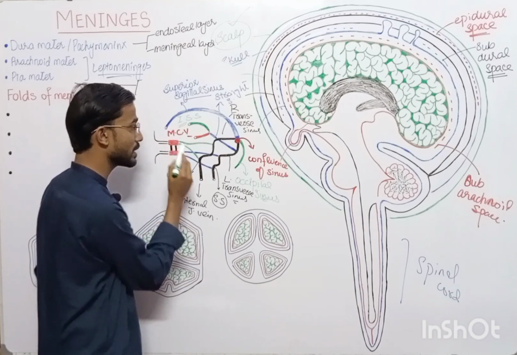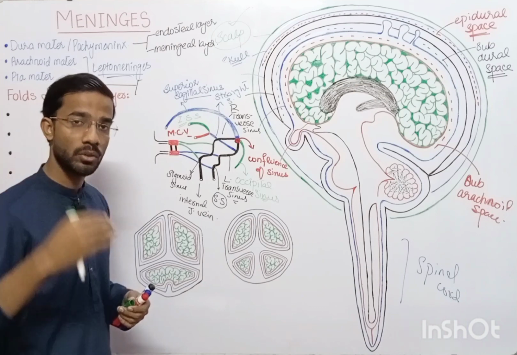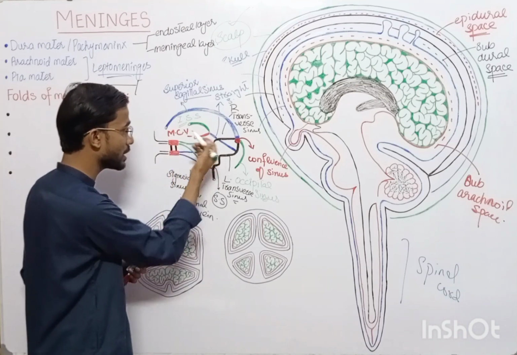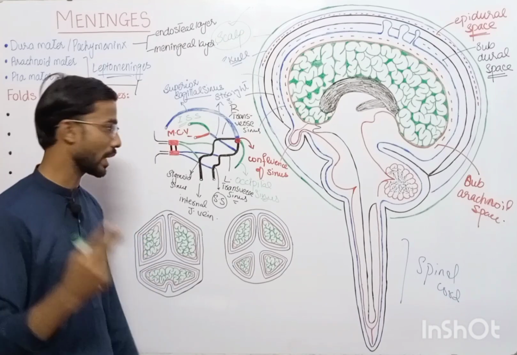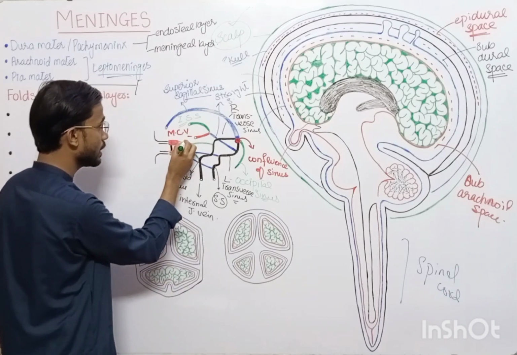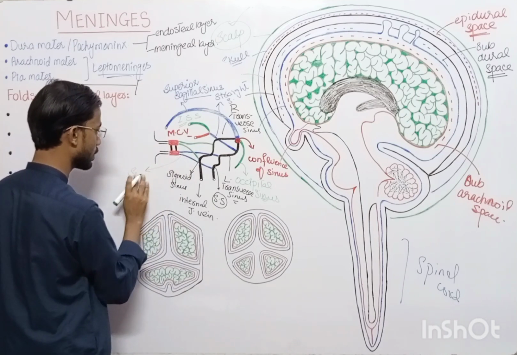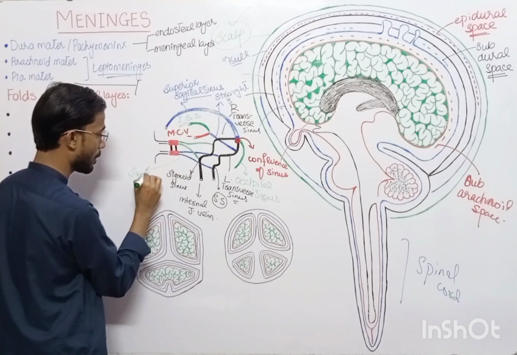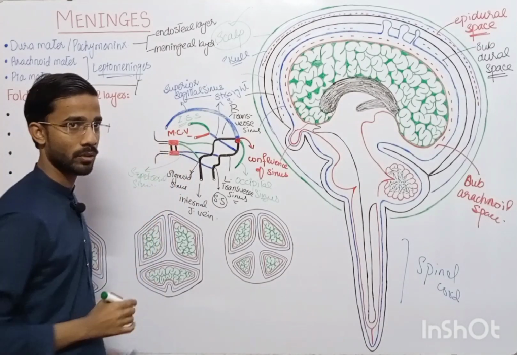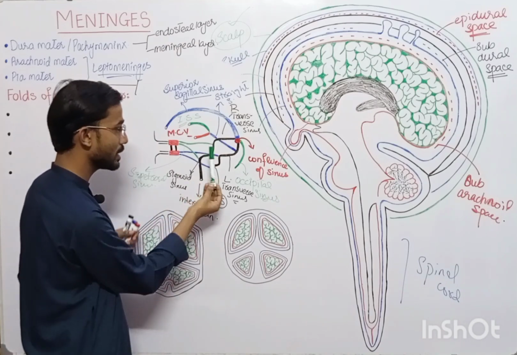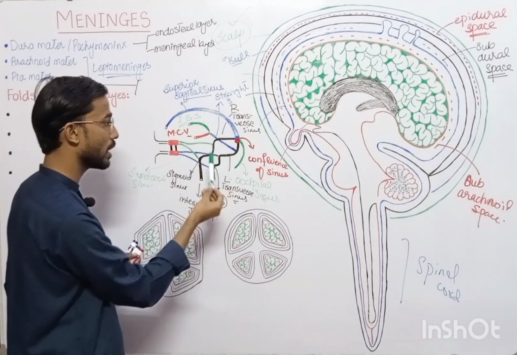If the sinus is above, it is called the superior petrosal sinus, and if it is present below, it is called the inferior petrosal sinus. Here there are two sinuses: upper is the superior petrosal sinus and below is the inferior petrosal sinus, and this is from the right transverse sinus.